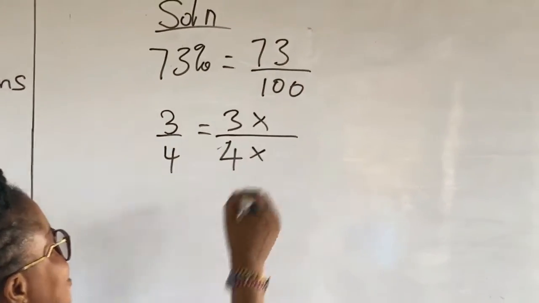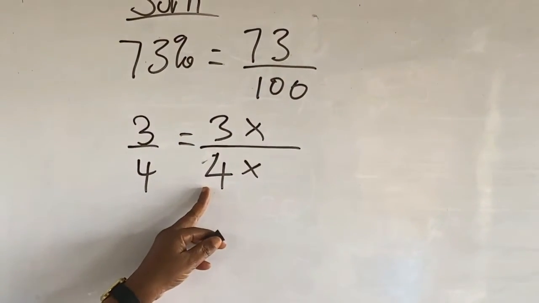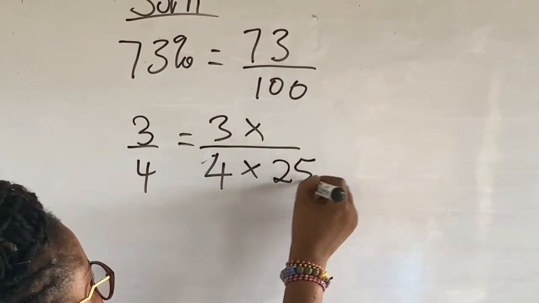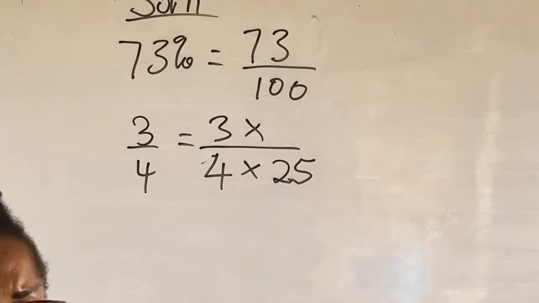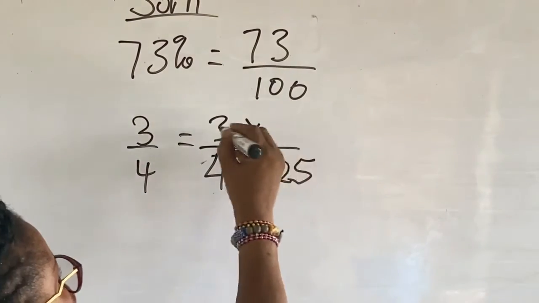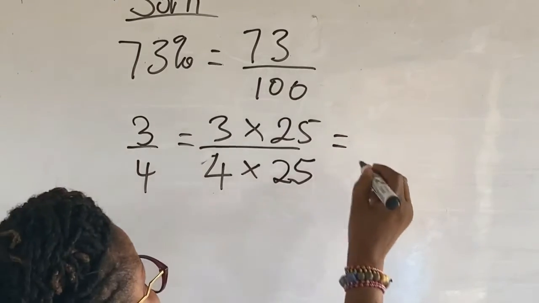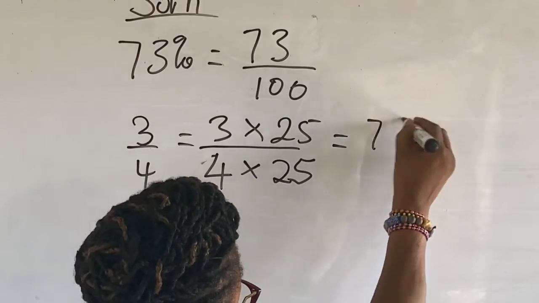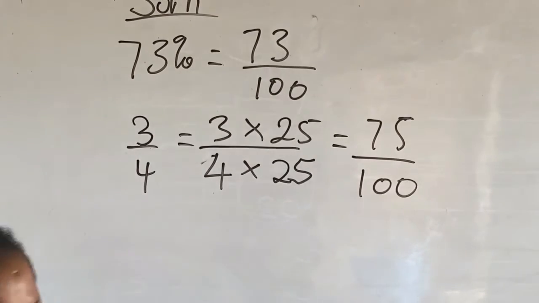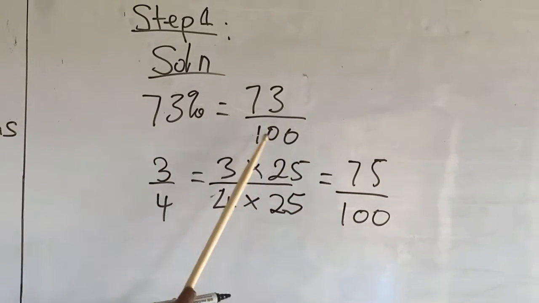Bring your multiplication sign. Ask yourself, what will I multiply 4 with to get 100? It is 25. Whatever you do to the denominator, do the same thing to the numerator. So it will be 3 times 25, 4 times 25, which is 75 over 100.